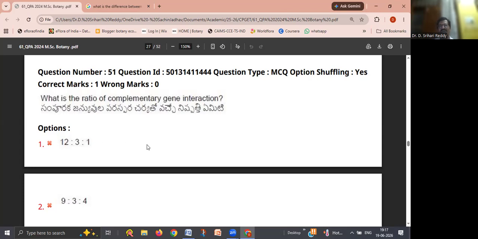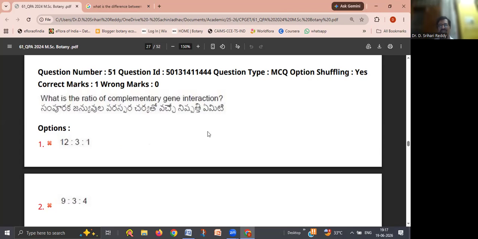In epistasis, there are two types: one is dominant epistasis, another is recessive epistasis. So this ratio 12:3:1 is related to dominant epistasis. That means one of the alleles in one loci masks the expression of the other allele in a different loci.